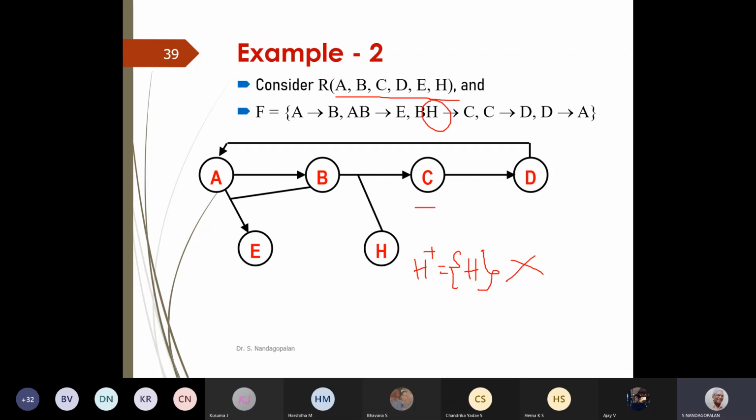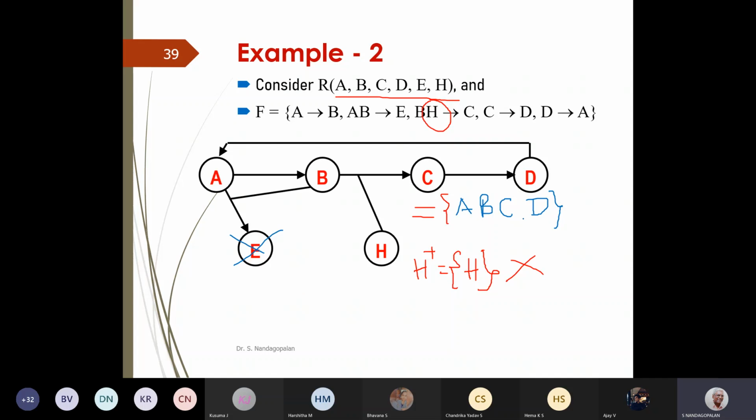Like in this case, I have A, which appears on either side, that is both incoming and outgoing. B also same, C also same, D also same. E you cannot, because it appears only on the right, so this cannot be a candidate key.